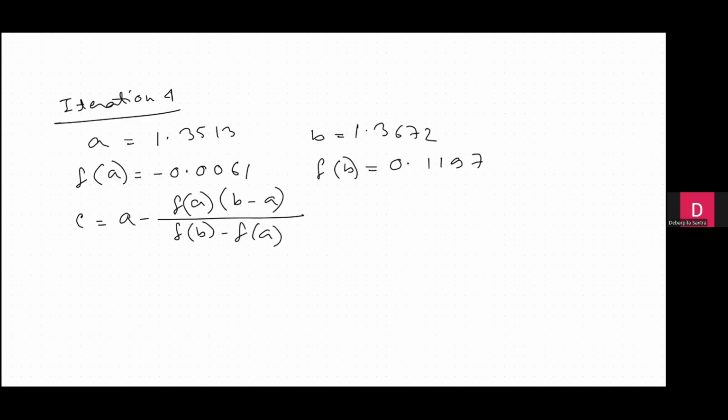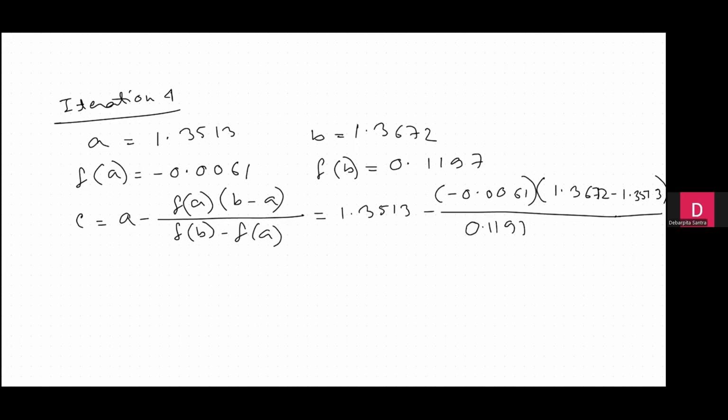So a is now 1.3513 minus f of a, that means minus 0.0061, into b minus a, that means 1.3672 minus 1.3513, and f of b minus f of a, that means 0.1197 minus of minus 0.0061.